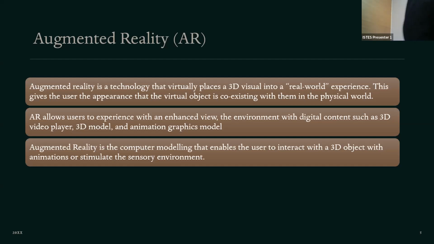You can rotate the object, we can interact with the object, but it's just virtual, an animation graphics model. If you have heard about Pokemon Go, it uses augmented reality. So augmented reality is the computer modeling that enables the user to interact with a 3D object with animations or stimulate the sensory environment.